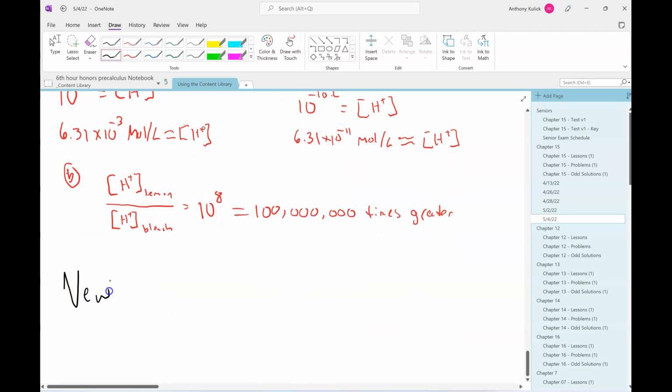Our last one that we're going to look at is Newton's law of cooling.